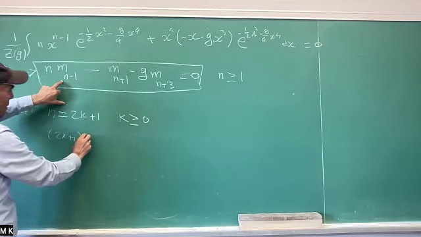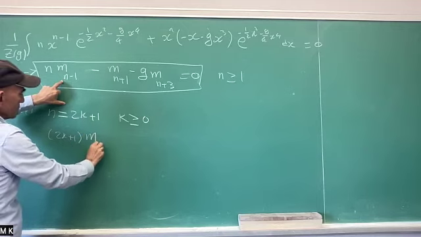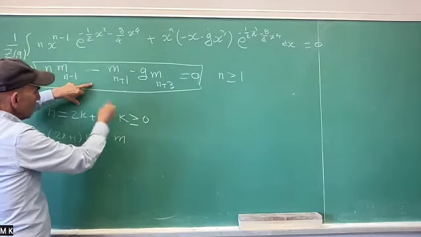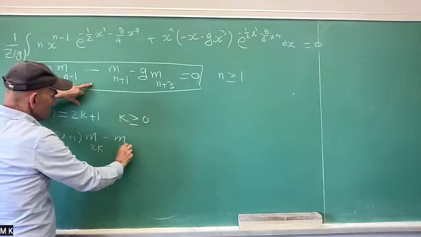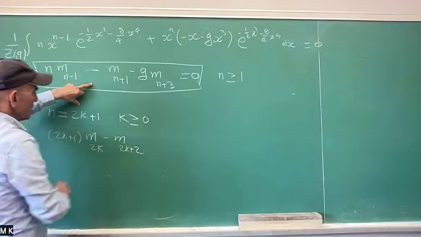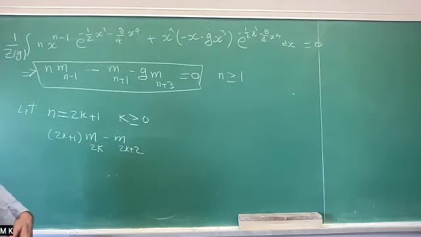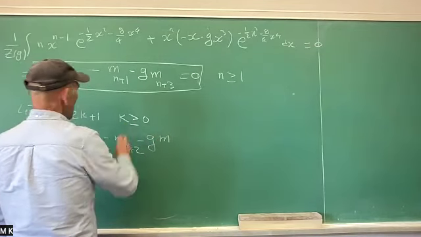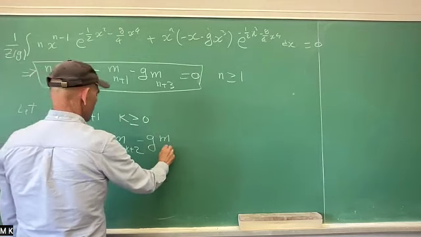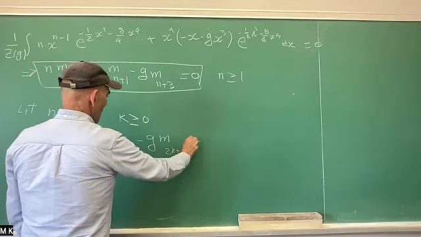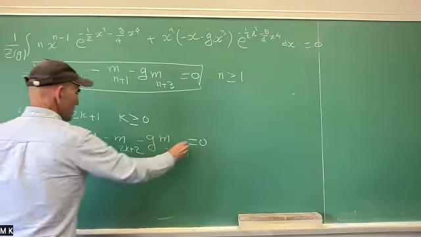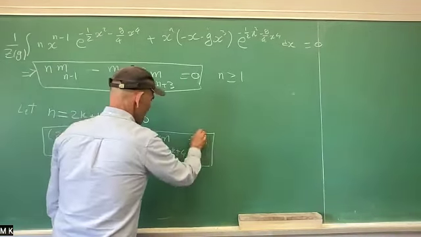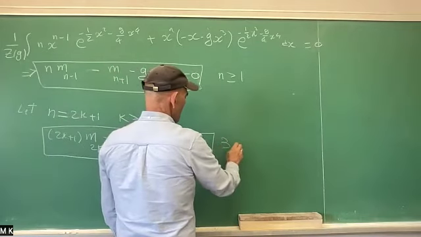I've got m2k here, minus m2k plus 2, minus g m2k plus 4 equal to 0. So this is a three-term recursion.